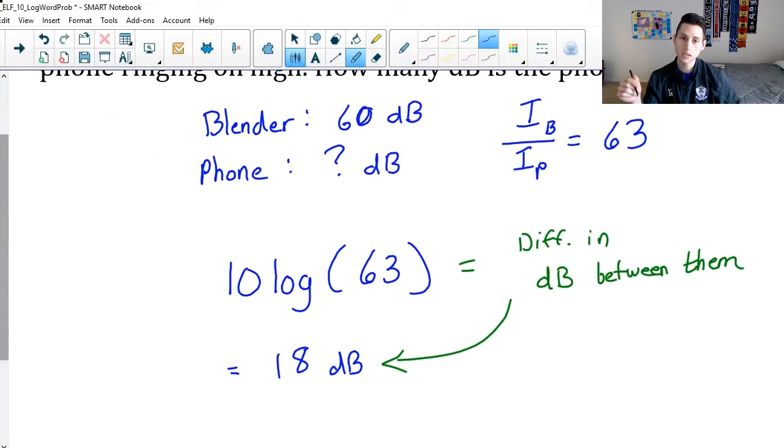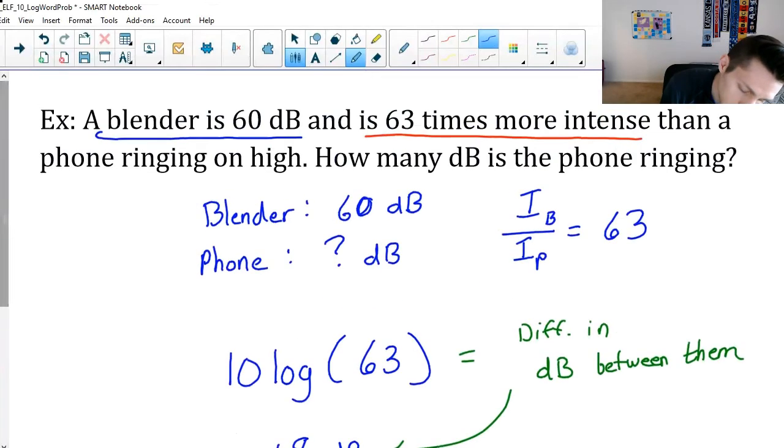Right? So 60, the phone is louder, or sorry, the blender is louder than the phone. It tells me that because it says that it is more intense. The blender is 63 times more intense than the phone.